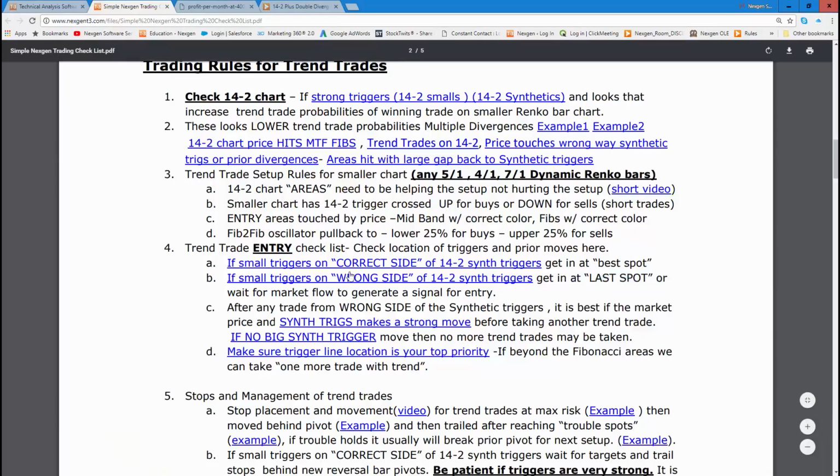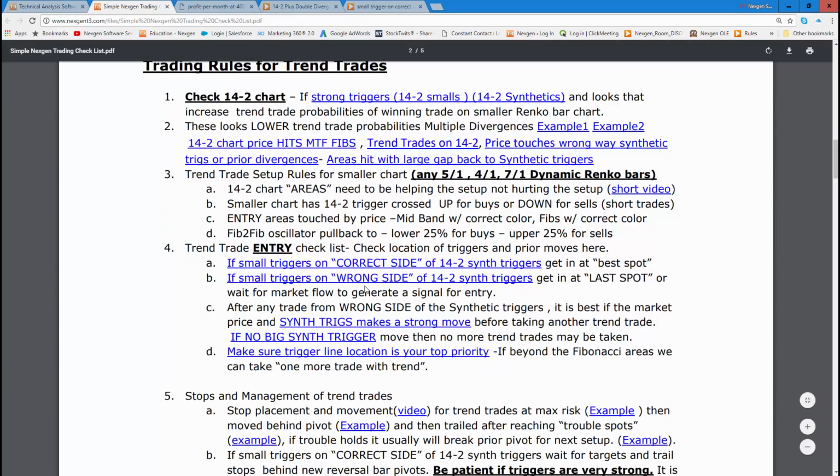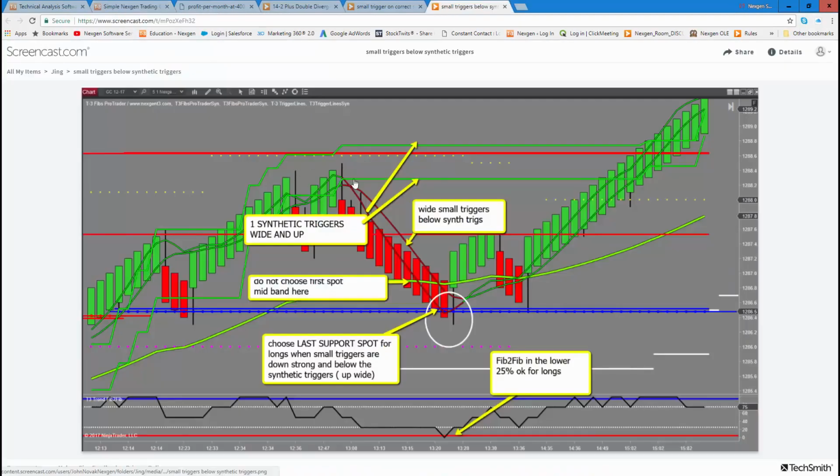Right? So again, look, triggers on the correct side, especially when there's no divergence, you're going to be much more assertive in your entries. Triggers on the wrong side, especially after divergence, we're going to go stop out the last pivot low before we go up again.